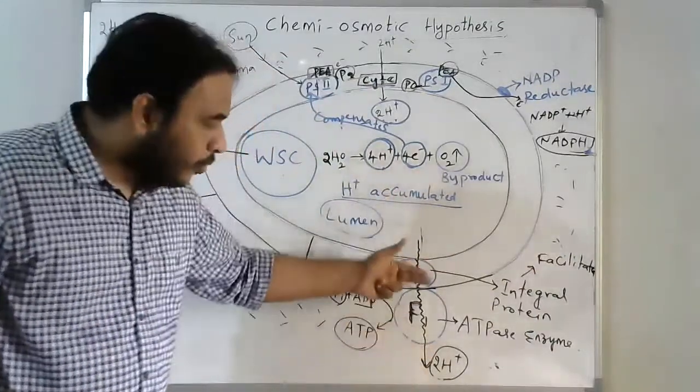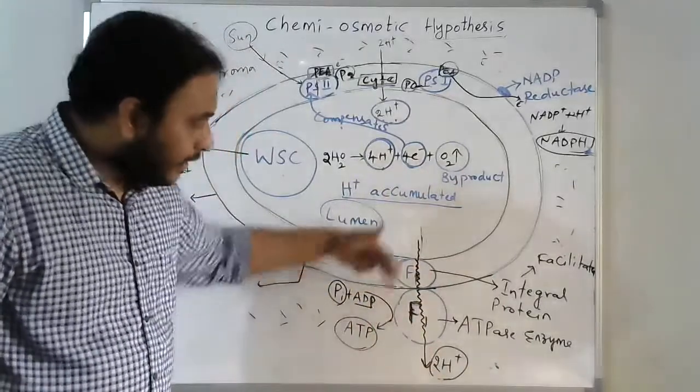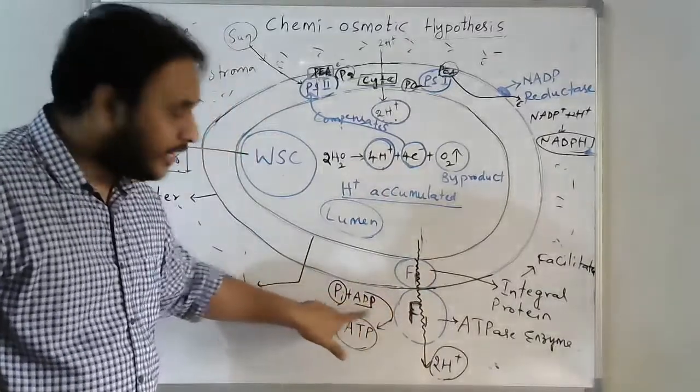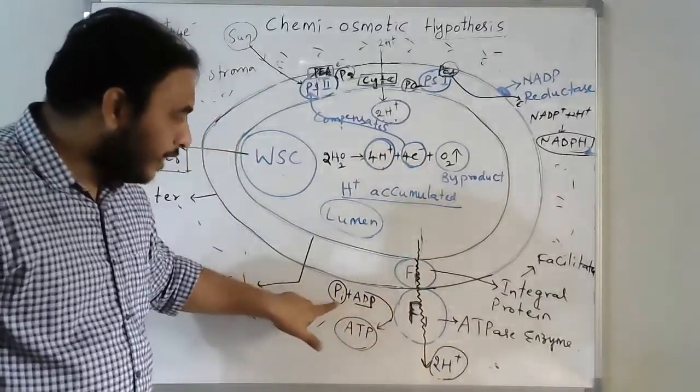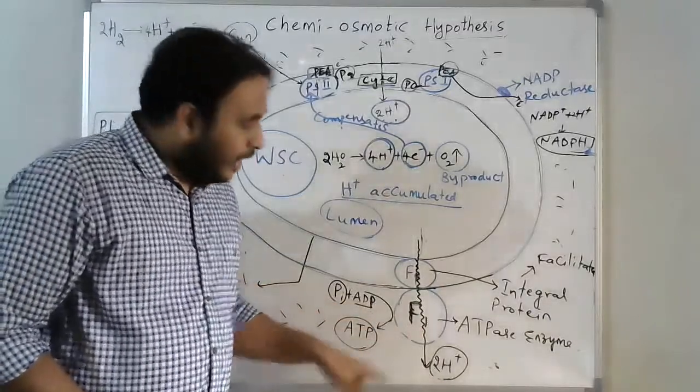F1 also diffuses the protons into the stroma, and while diffusing the protons, the energy is utilized to add inorganic phosphate to adenosine diphosphate to derive ATP.